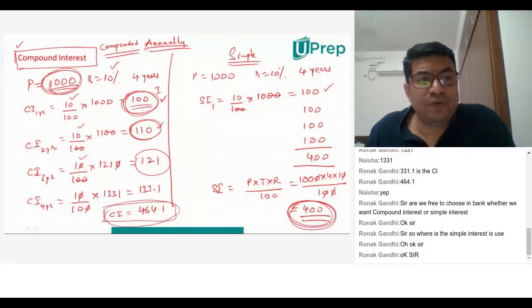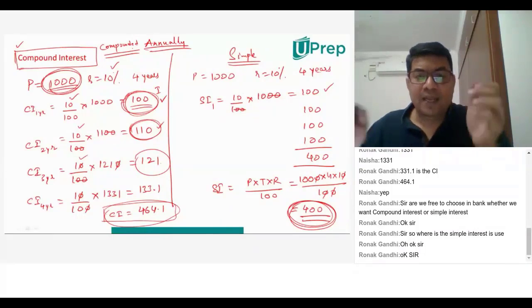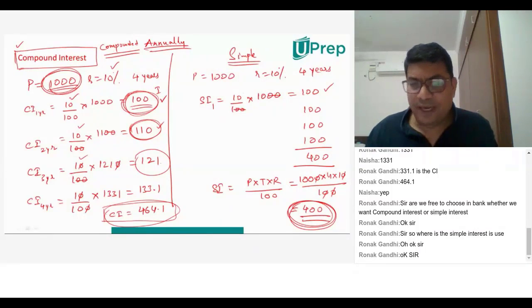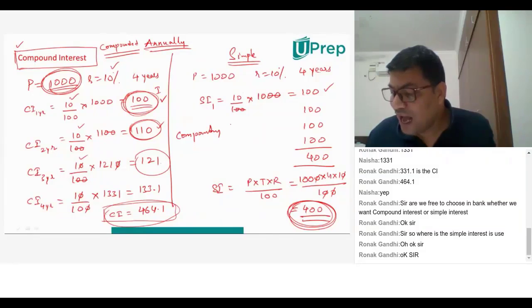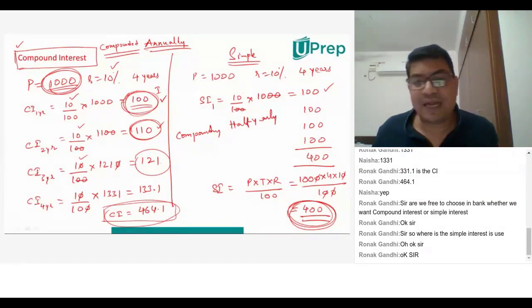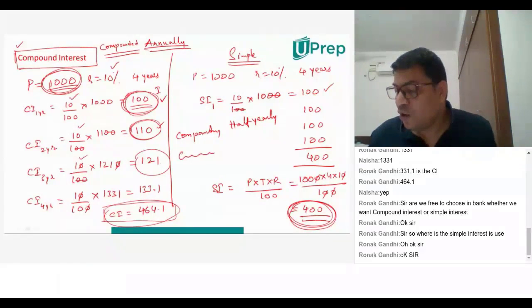Instead of using the word per year, can I say per term? Here you're compounding annually. You can do half yearly also. At times they will say compounding half yearly, they will say compounding quarterly.